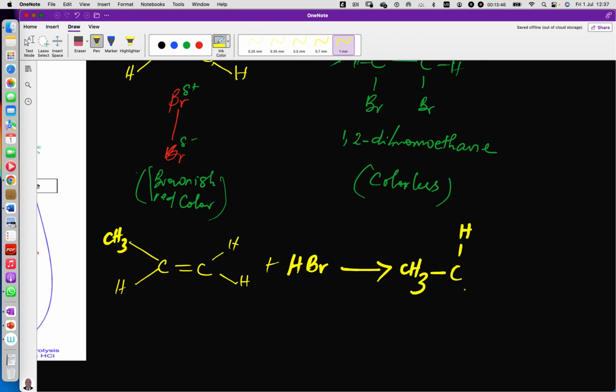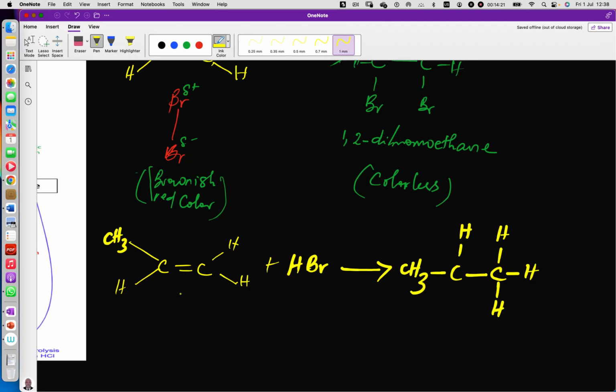The double bond is being broken. I said the hydrogen will attach itself to the carbon atom having the highest number of hydrogens. There are only 2 carbons here. This one has 2 and this one has 1 hydrogen. So the hydrogen will attach itself to this carbon atom here.